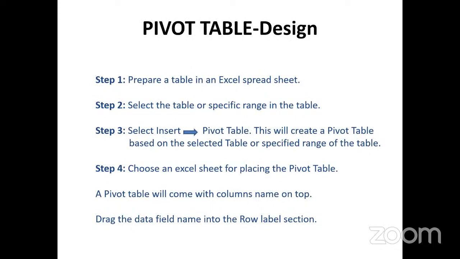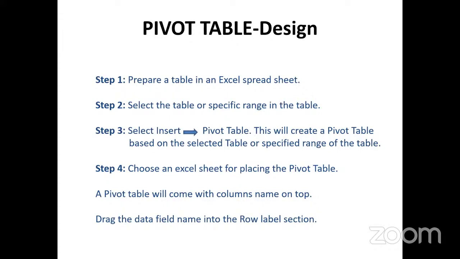Next, we move on to how to create a pivot table. How does a pivot table get created in the spreadsheet? We have to prepare a table beforehand in an Excel spreadsheet. Or we can do it after also, but for convenience, we prepare an Excel spreadsheet beforehand. And then we select the table or a specific range in the table on which we want to prepare the pivot table.